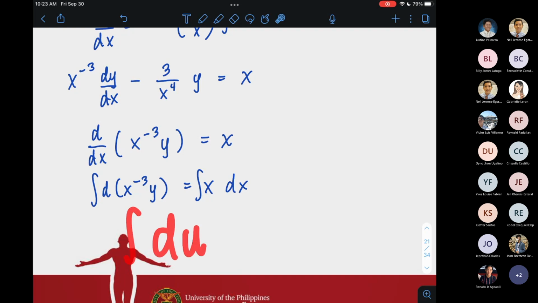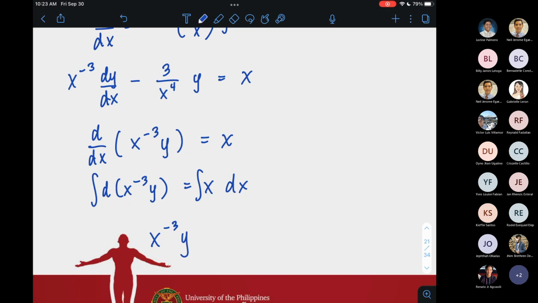The integral of du where u is x to the minus 3 times y. So it's like a single variable. What is the integral of du? The integral of du is just u plus c. So what is the integral of d of x to the minus 3 times y? It is simply x to the minus 3 times y plus an arbitrary constant.